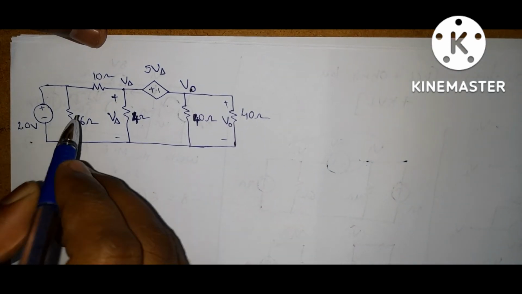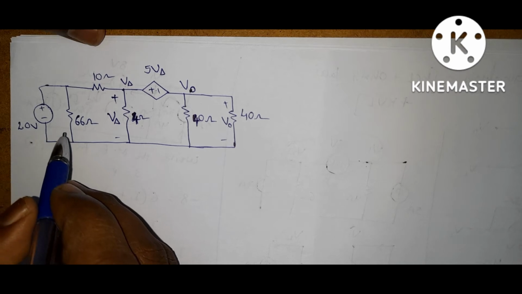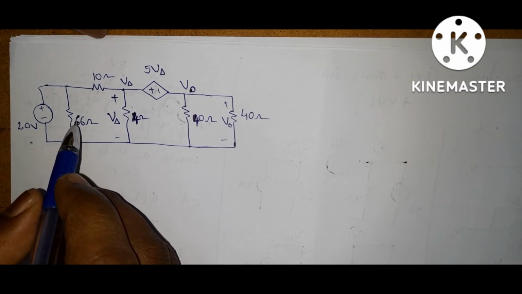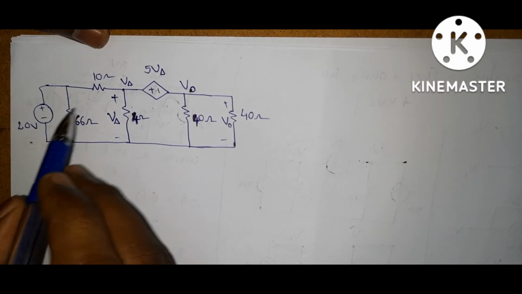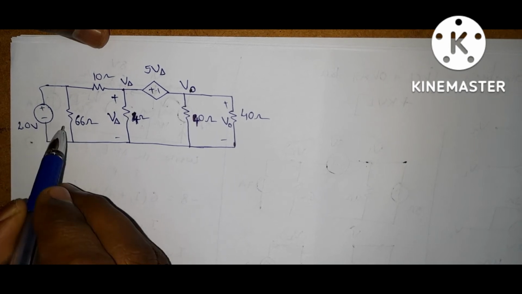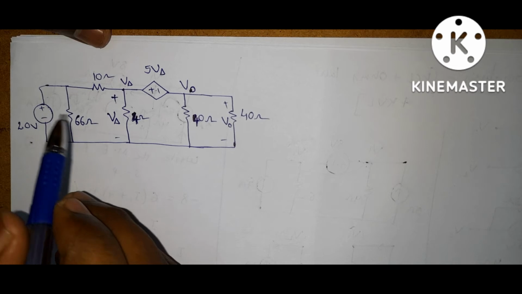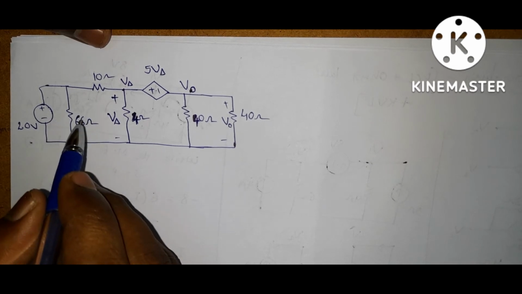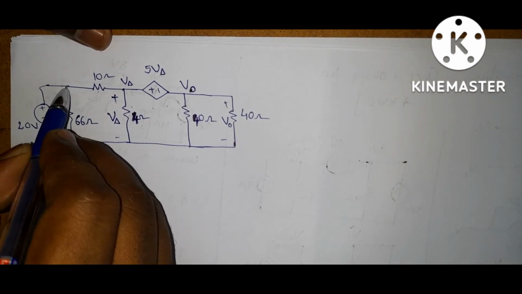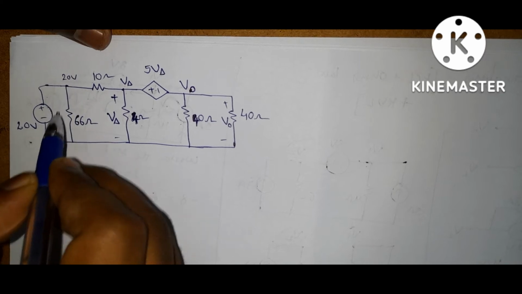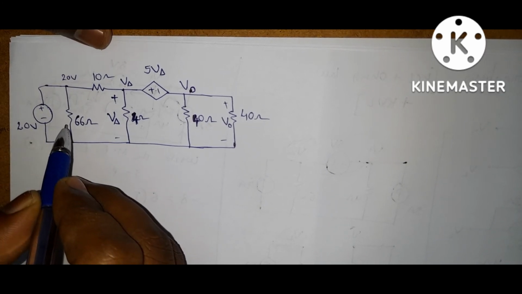Now see here, previously we discussed that if we want to apply the nodal analysis technique to any circuit, and in parallel to an independent voltage source there is any element, that means either a resistance or an independent current source, we can neglect it. Here this node voltage is 20 volts, so we can neglect this 66 ohm resistance.